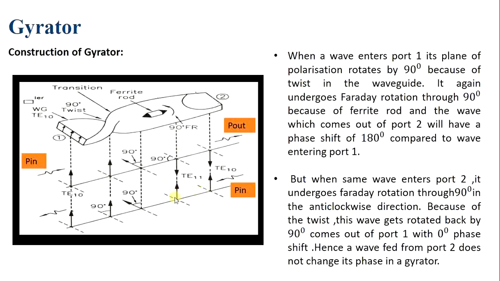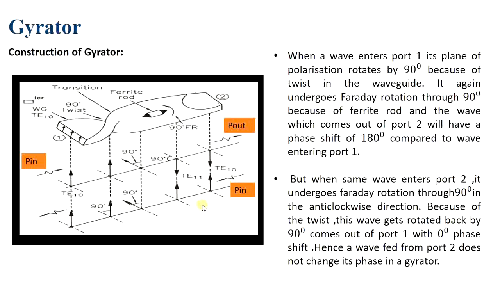The signal passes through this ferrite rod where it undergoes a 90 degree rotation, and the electric field vector becomes horizontal, and then it passes through this mechanical twist where it again undergoes 90 degree rotation in the clockwise direction, cancelling the 90 degree rotation by the ferrite rod, and the signal that comes out of port 1 has the same orientation as the signal which was fed.